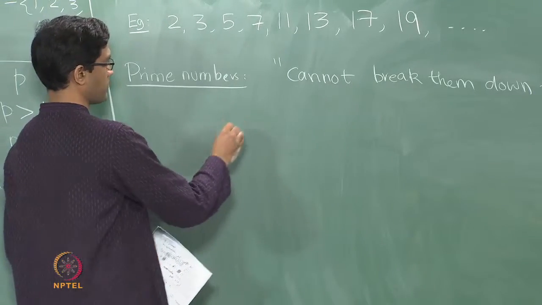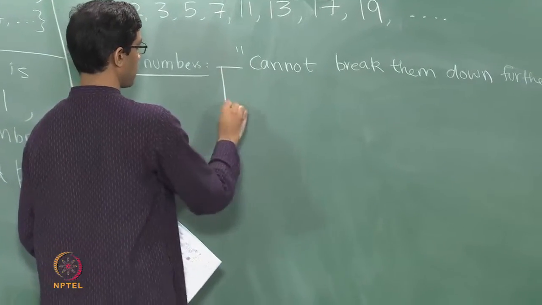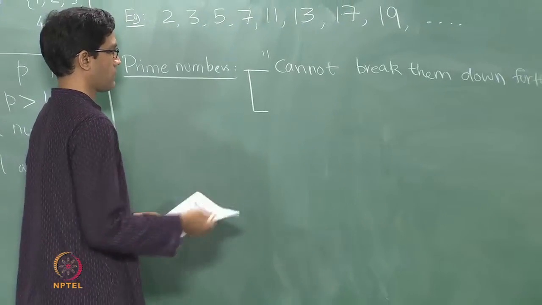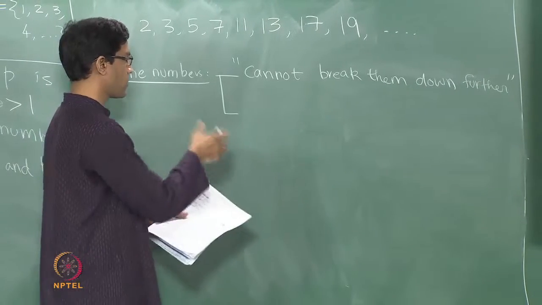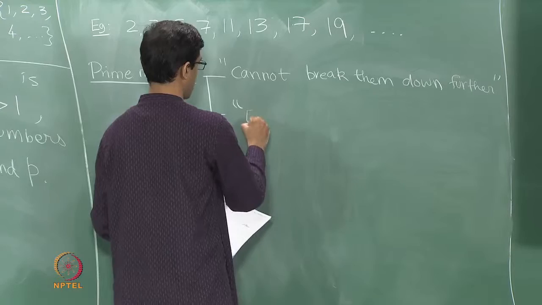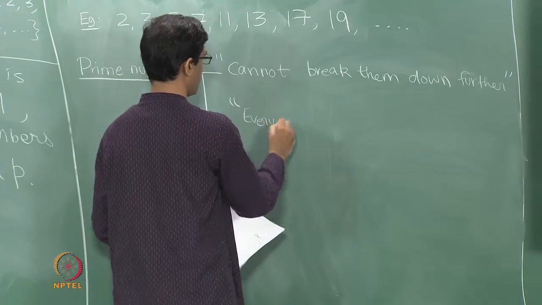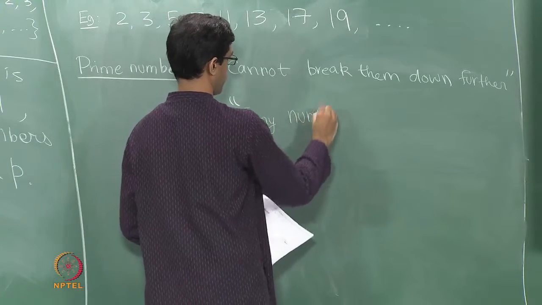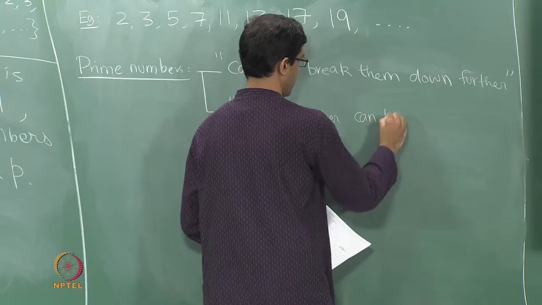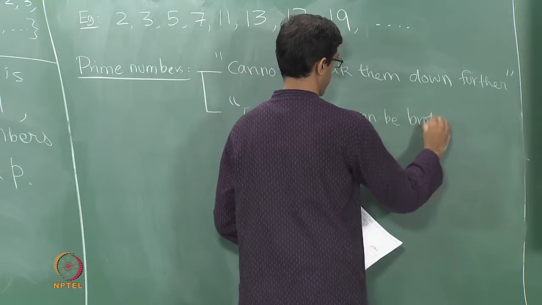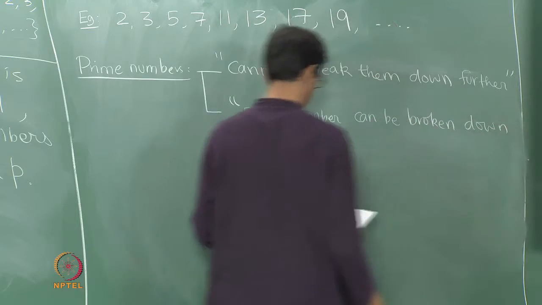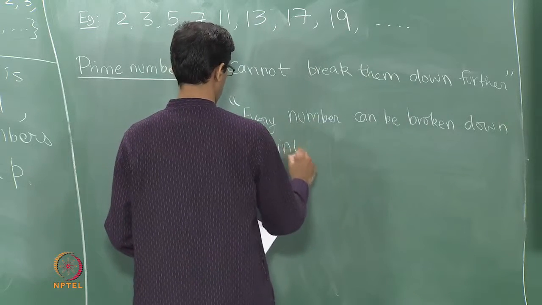So that is one aspect of prime numbers, but there is also a complementary aspect, which is that every number can always be written as a product of primes. So this is another property of primes, that every natural number can be broken down into a product of primes.